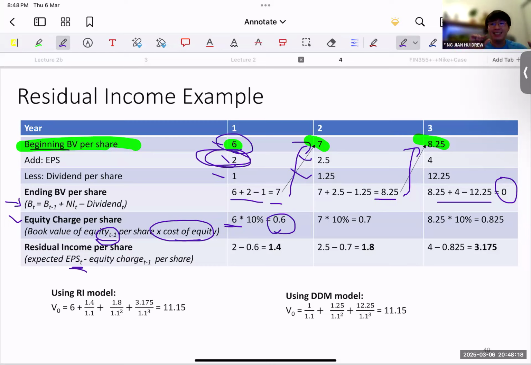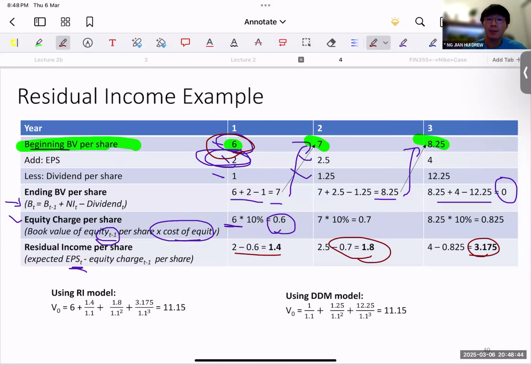Can you see that there's a slight lag, but the lag makes sense when you put it in such a question. Because of that, your residual income is 2, which is your earnings per share at T minus your equity charge at T minus 1. So this is your residual income. You do the same for the other years, this is your residual income, this is your residual income.